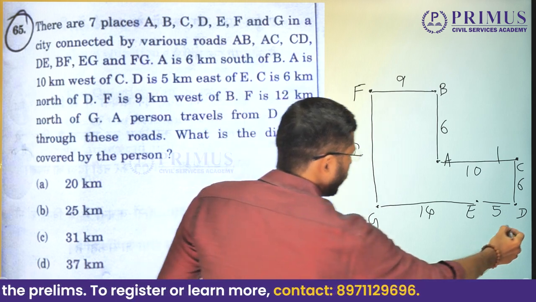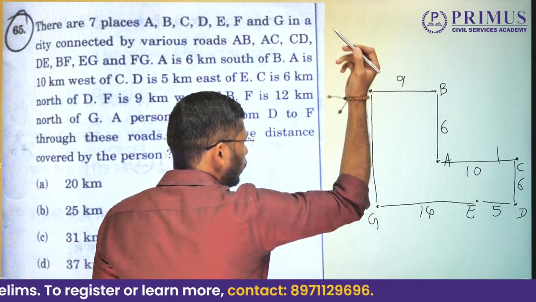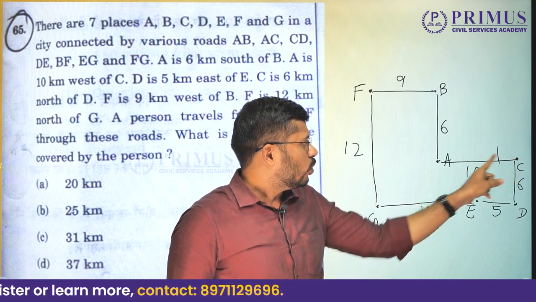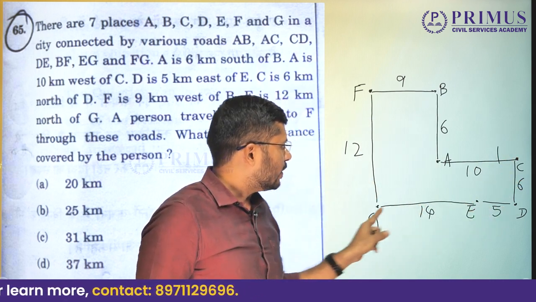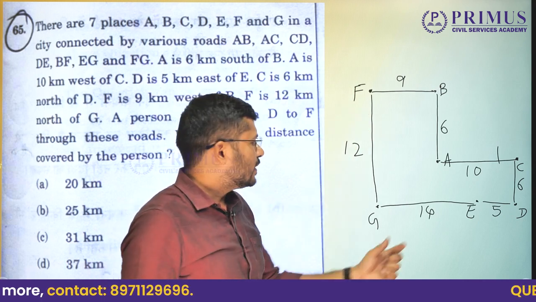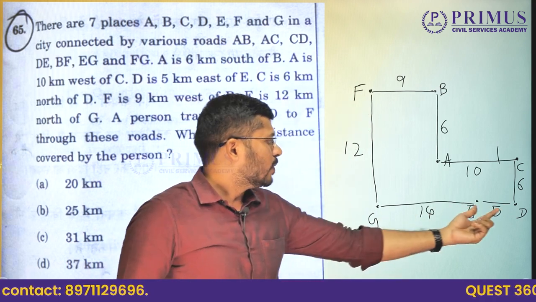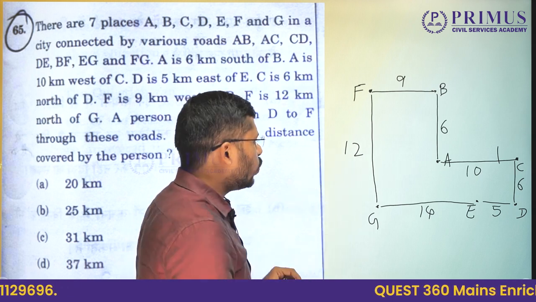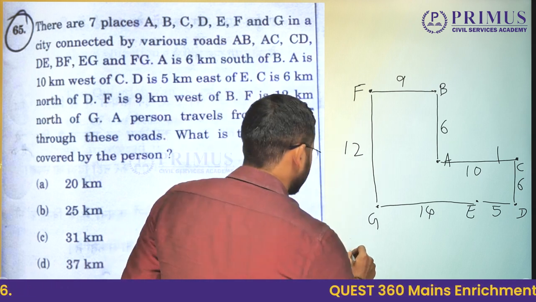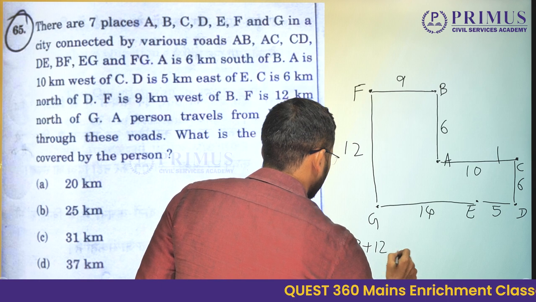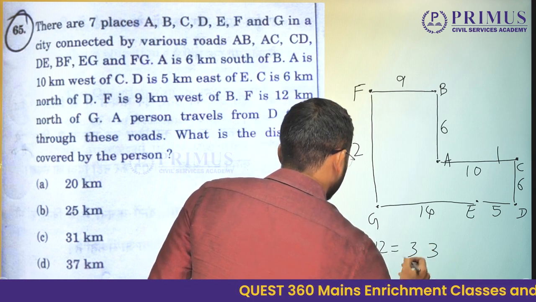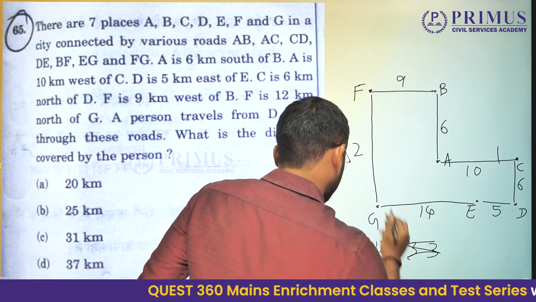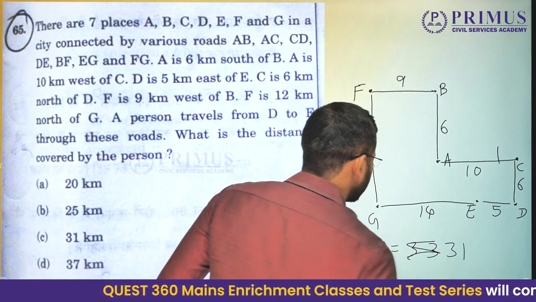So now one person starts from D and goes up to F. Now he can take 2 different paths. One, he can go this way, or he can take this way. Whichever path he takes, along the x-axis he will travel 19 kilometers and along the y-axis he will travel 12 kilometers. So 19 plus 12 gives us 31 kilometers.